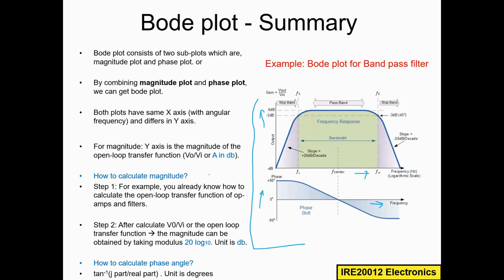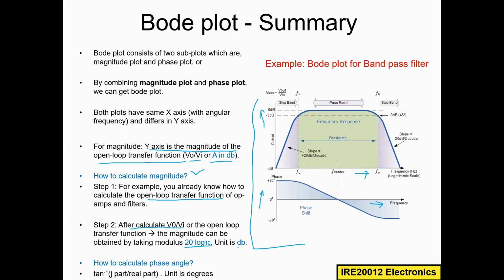For magnitude, the y-axis is the magnitude of the open loop transfer function, VO divided by VI, or A in dB. How to calculate the magnitude, you already know the formula. You already know how to calculate the open loop transfer function, and after calculating VO by VI, the transfer function, you calculate the magnitude using 20 times log base 10 of whatever the value.